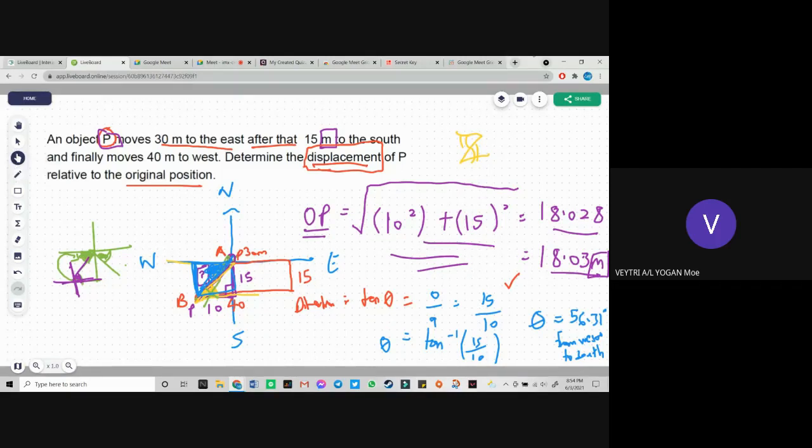But to determine the direction, whether it is west to south or south to west, you have to use this one. Why? If you use this one, it will become from east to north. Cannot. You have to take this angle. Okay? The nearest angle. Basically, the safest is to use what they give. They give it like this, so use this one. Don't try to do something else. Okay? This is the rule for this kind of calculation.